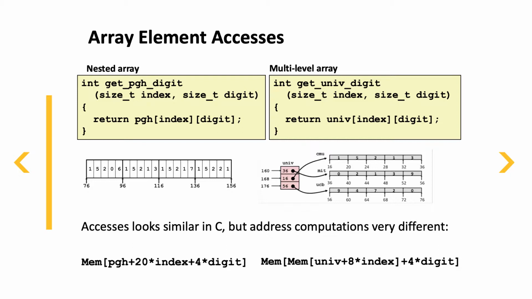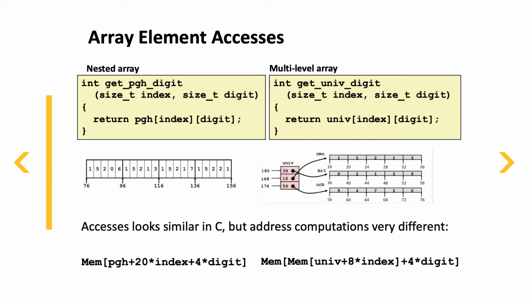But when we look at how we actually compute the addresses we have to go to, they do look quite different, don't they? In the case of the nested arrays, we would start out with the offset where PGH lives, right? The actual memory address where PGH starts. Add 20. Now, where's the 20 come from?